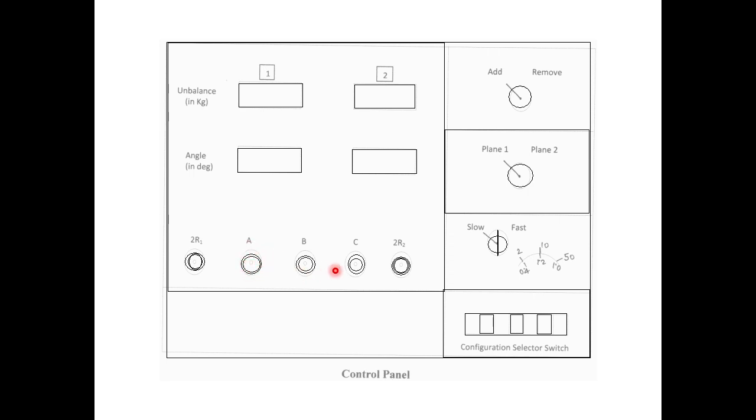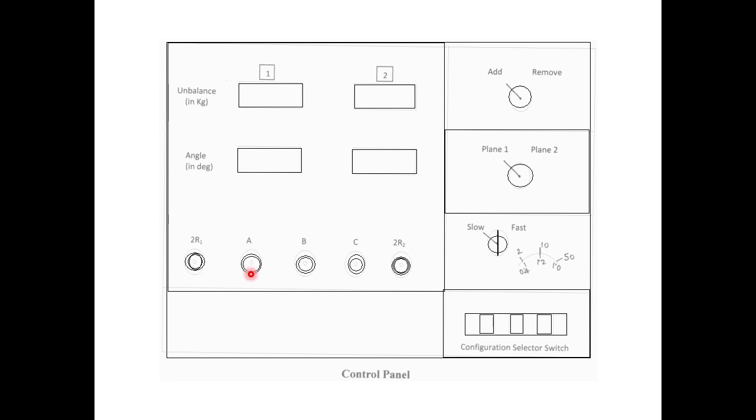There is a scale, something like that. On that you have to set your value at a certain value corresponding to the configuration. You have to set it. So these are the inputs to the machine.